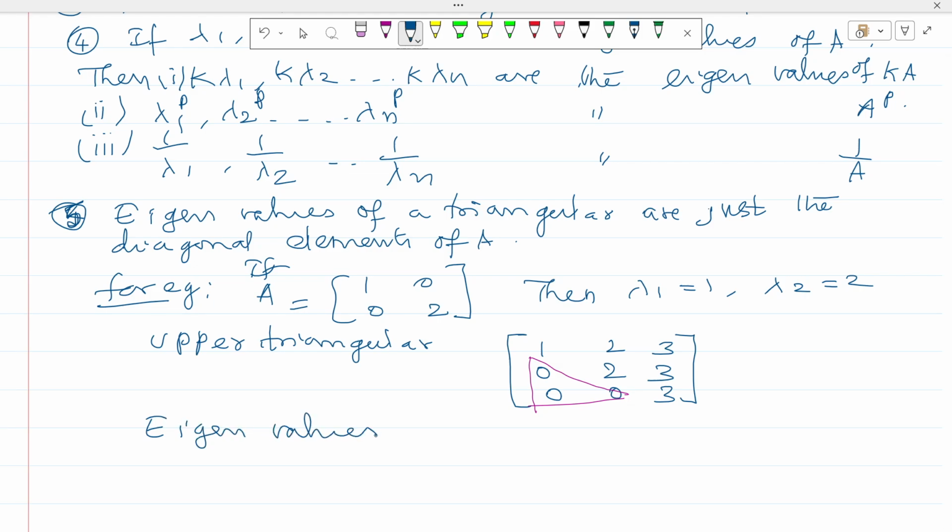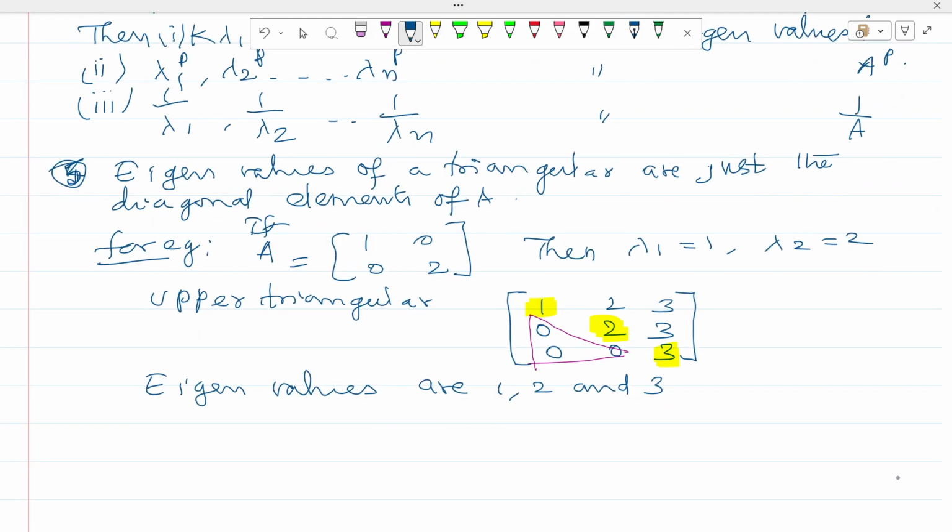The same thing we can follow for a lower triangular matrix. Eigenvalues are 1, 2 and 3. No need to write anything, these diagonal elements are the eigenvalues. So it is applicable only when it is a triangular matrix, not for other matrices. Okay.